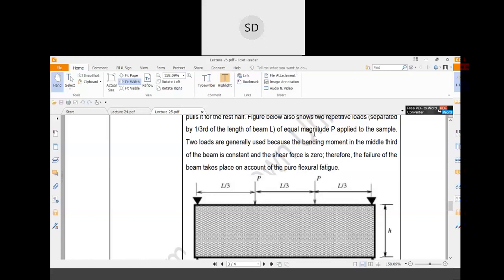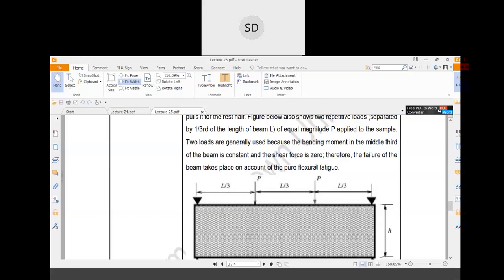The bending moment at the middle third is constant, and if the bending moment is constant, in that case the shear force would be zero. So therefore the failure of the beam takes place on account of pure flexural fatigue.